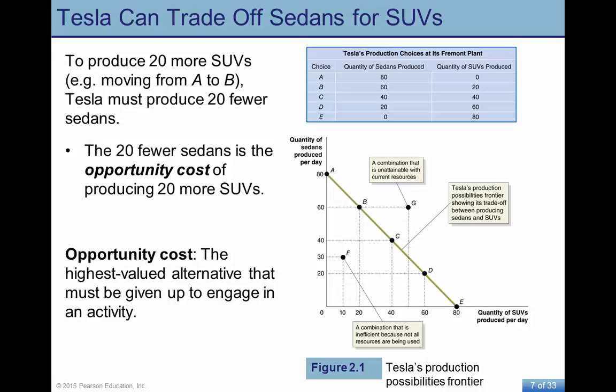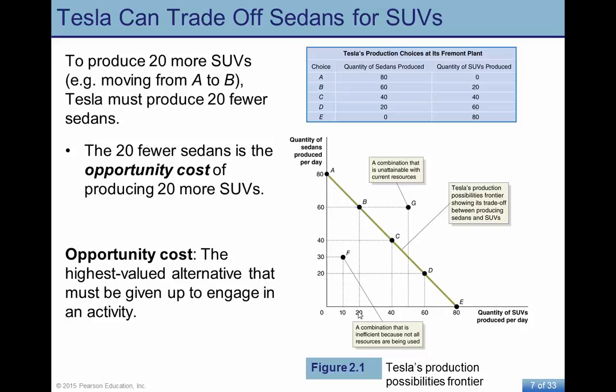Tesla can trade off sedans for SUVs to produce 20 more SUVs, for example, moving from A to B. Look at my cursor, moving from A to B. Tesla must produce 20 fewer sedans, like 80 to 60, 20 fewer sedans for 20 more SUVs.